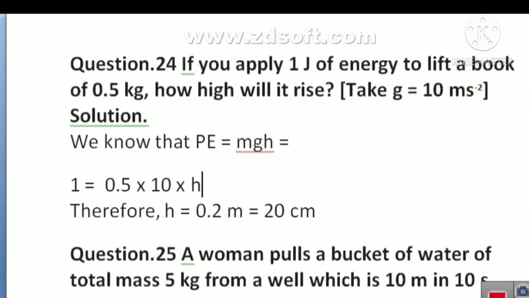It gets transferred to the other side of the equation. So 1 divided by 0.5 into 10 means 1 divided by 5, which becomes equal to 0.2 meter. And in centimeter it will be 20 centimeter. In meter the answer is 0.2 meter.